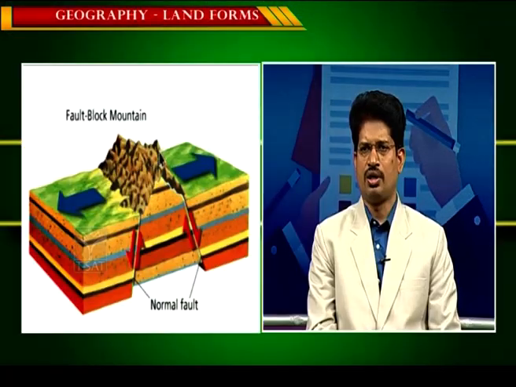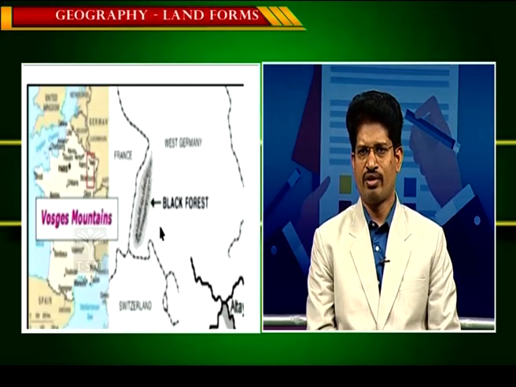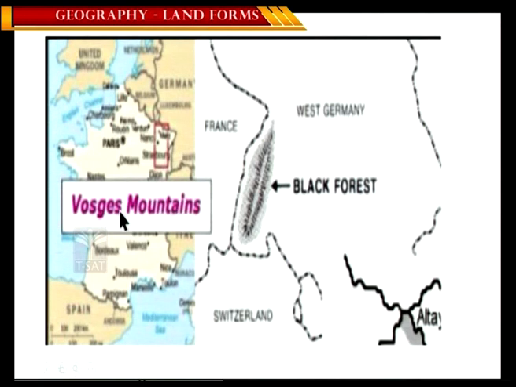Examples of block mountains of the world are the Black Forest mountains and the Vosges in France and West Germany. These couple of examples can be given as classic examples of block mountains.